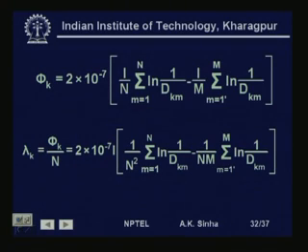This will be equal to 2 into 10 to the power minus 7 into I, and when we divide this expression by n, we get 1 by n square sigma log n 1 by d k m minus 1 by n into m, 1 by m again it gets divided by n. So, 1 by n into m sigma log n 1 by d k m.